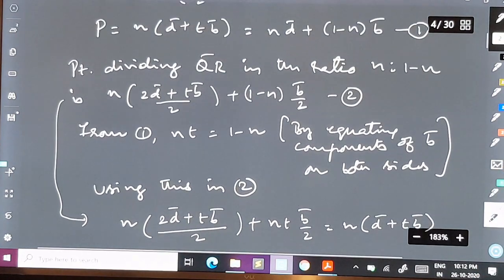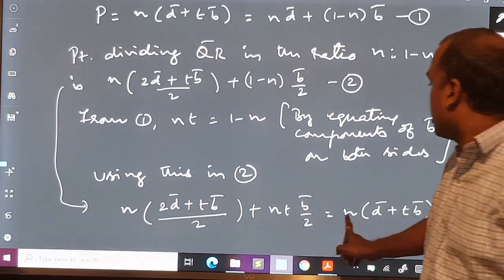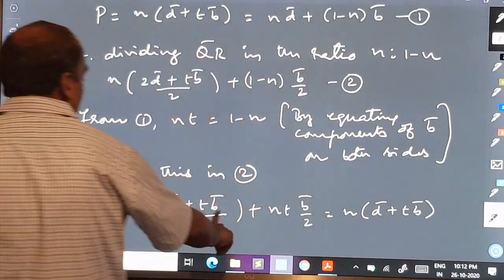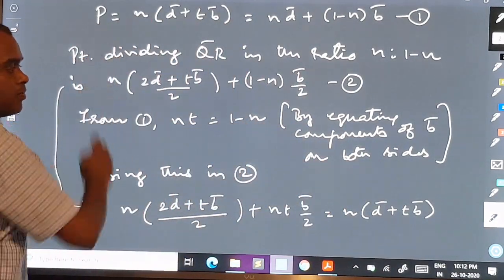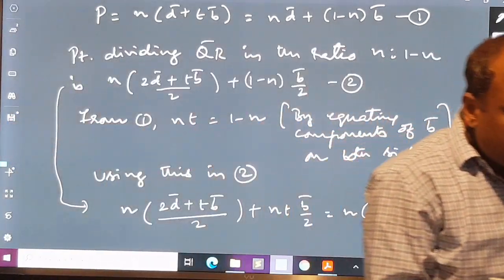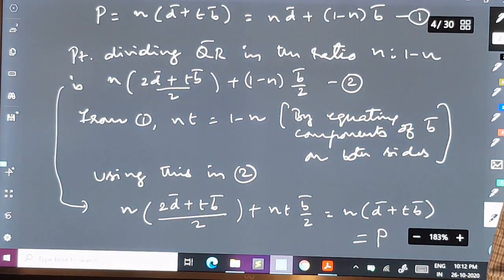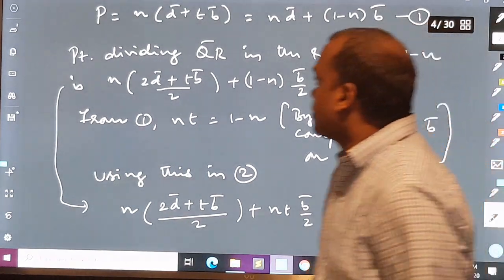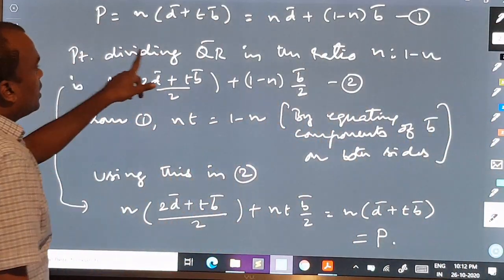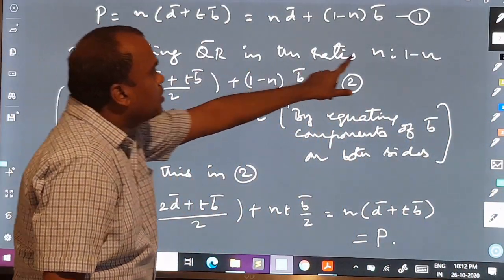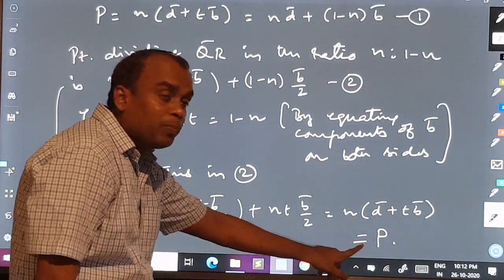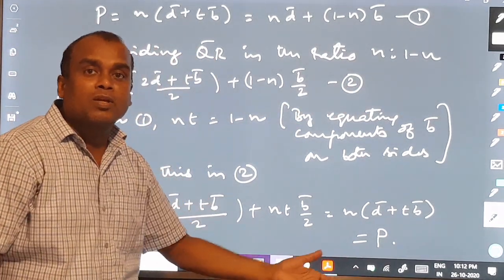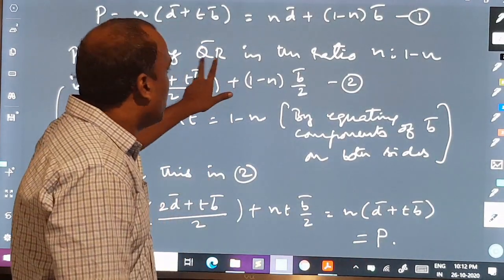Now observe that n into D bar plus TB bar is nothing but P itself. So what did we observe? The point dividing QR in the ratio n is to 1 minus n is nothing but P. That means P lies on QR.